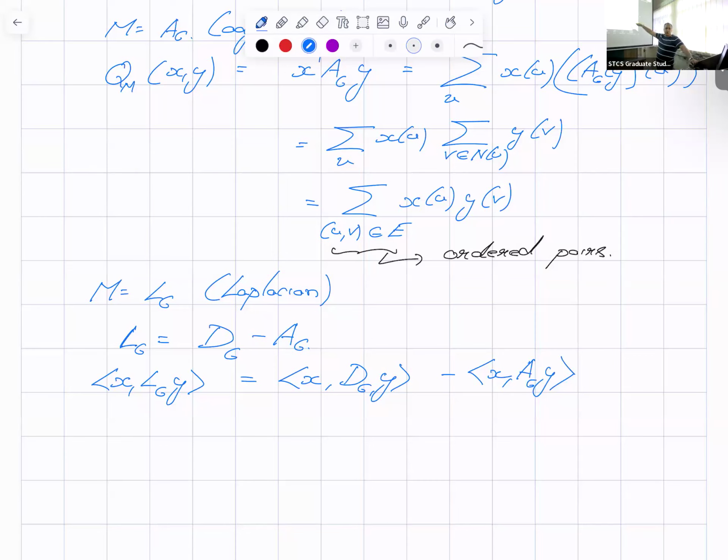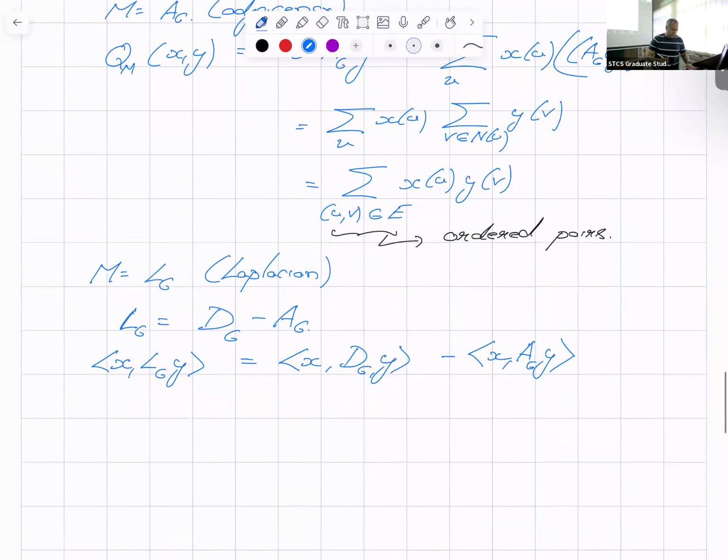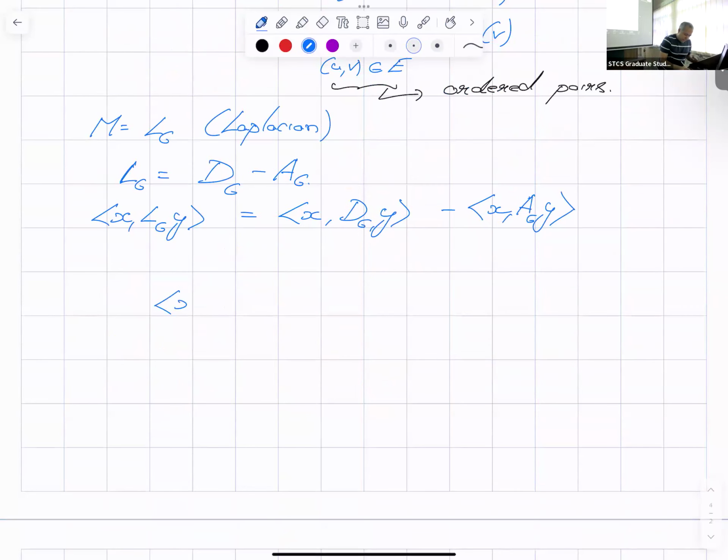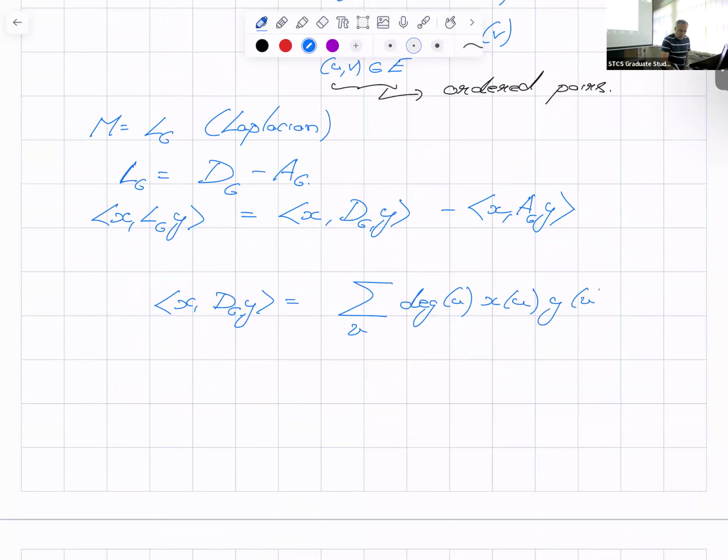We already know what x A_G y is, so let's find x D_G y and then compute the difference. D_G is just a diagonal, symmetric matrix. Therefore, this is just summation over u of the degree of u times x_u times y_u. That's all this is.